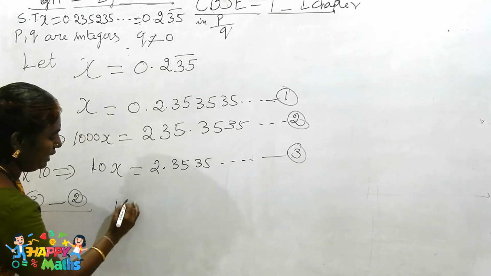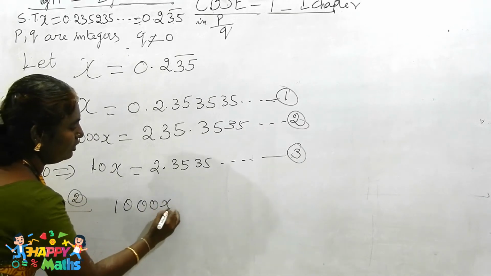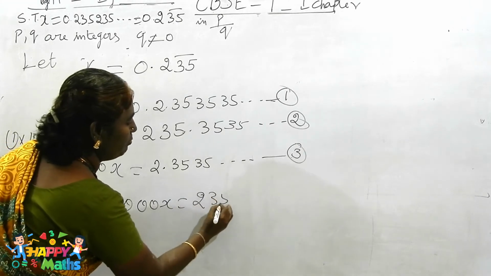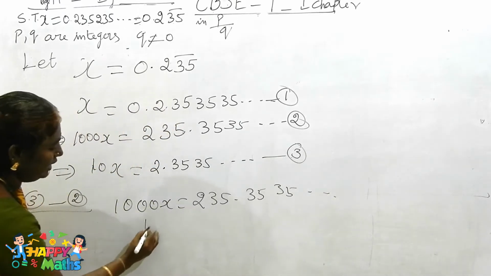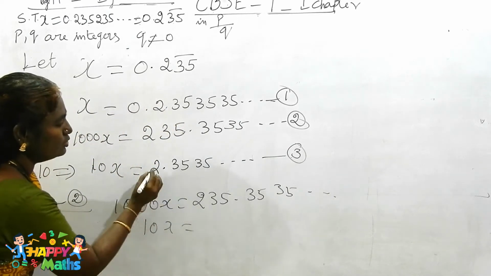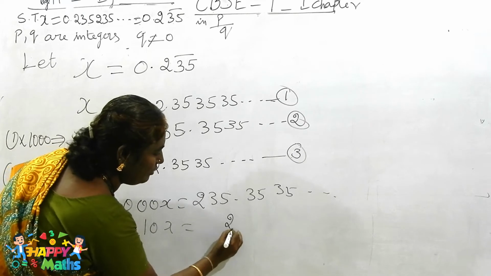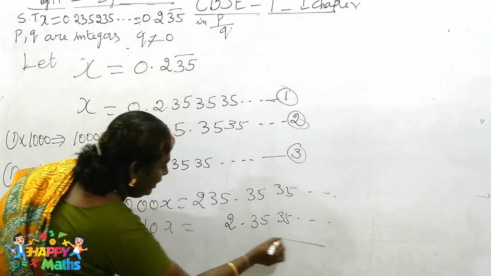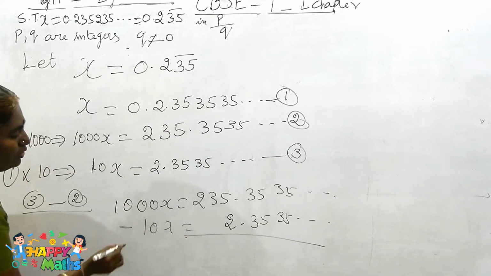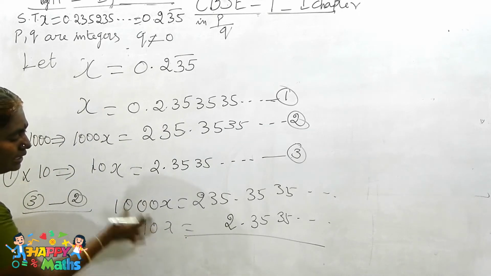So let me write 1000x is equal to 235.353535 like that, and 10x is equal to 2.3535 like that. Then when you subtract, you get 1000x minus 10x.